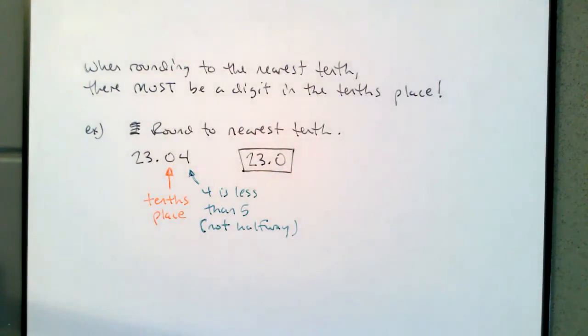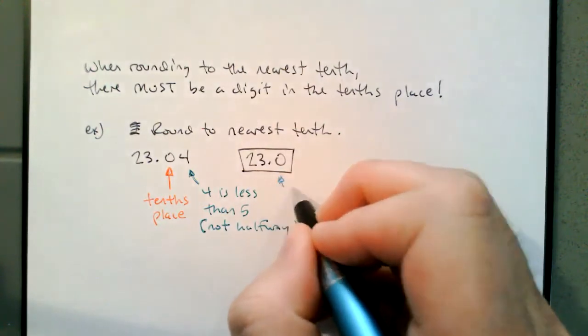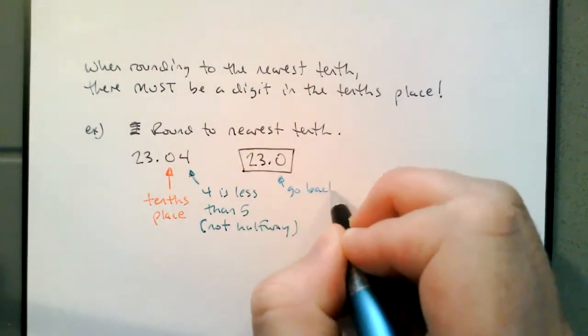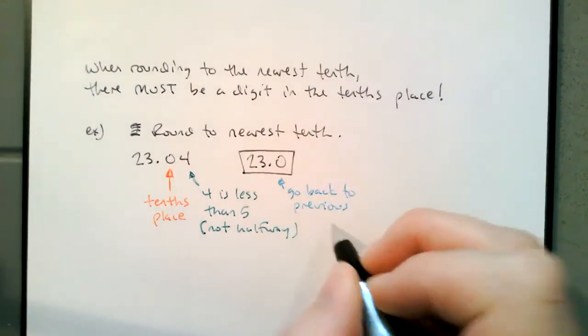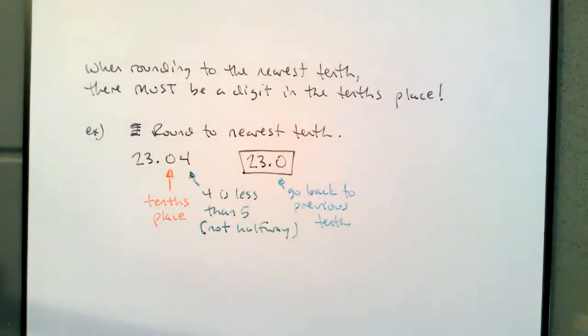We go back to the previous tenth. Notice that we need to write 23.0 because we're rounding to the nearest tenth. 23 is not rounded to the nearest tenth.